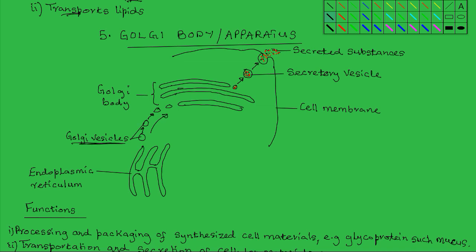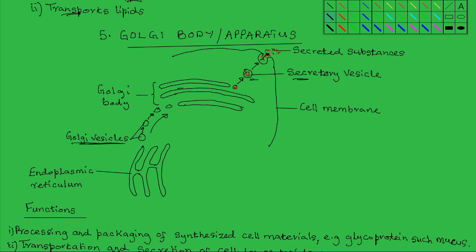These are elongated, flattened cavities. Now, at the other end of the Golgi apparatus, vesicles pinch off to form the secretory vesicles. These secretory vesicles move to the cell membrane, where they fuse with the cell membrane and release their contents to the outside.